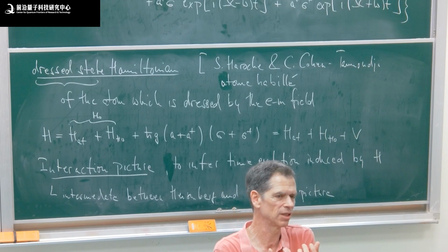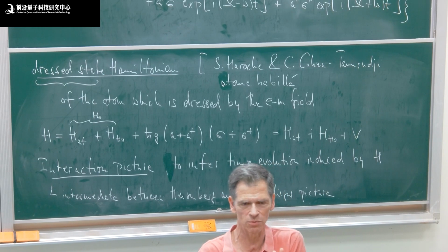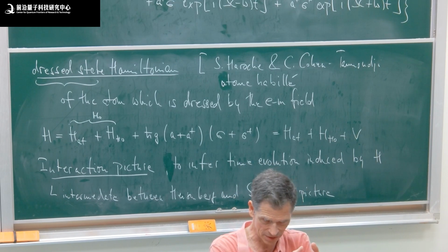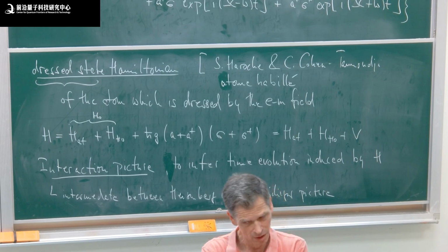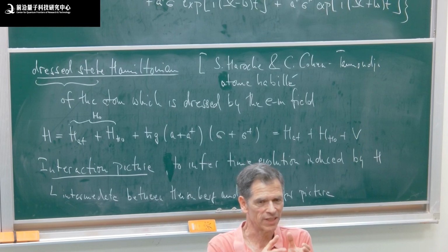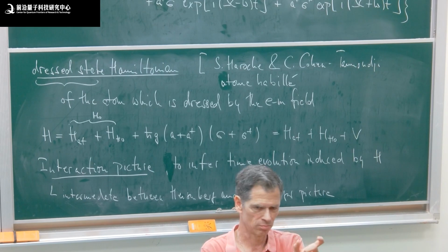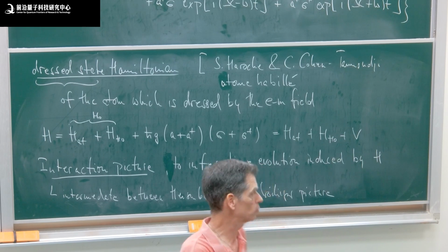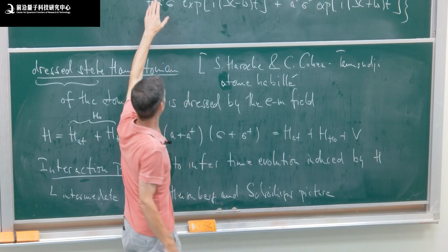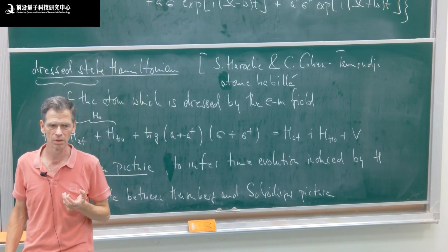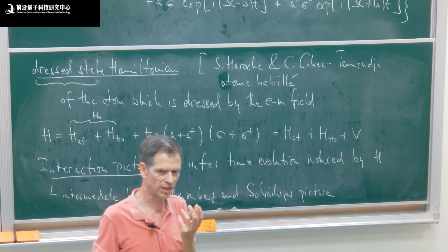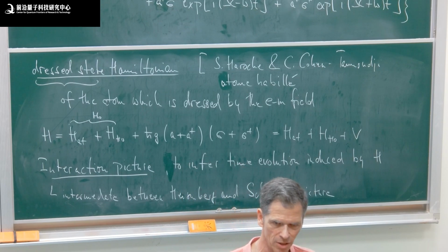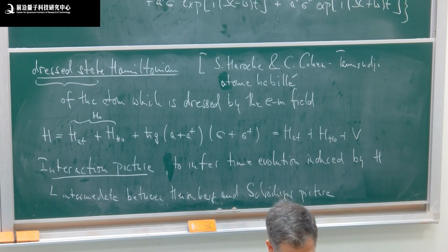The total system is living on a tensor space, built by the Hilbert space of the atom, which is a 2-level system, and the Hilbert space of the harmonic oscillator. So the states will be tensor products of a certain number state of the field and the ground state or the excited state of the atom. So what will the application of A sigma do with the energy of the system? Will it leave the system energy invariant, or will it change the energy of the system?